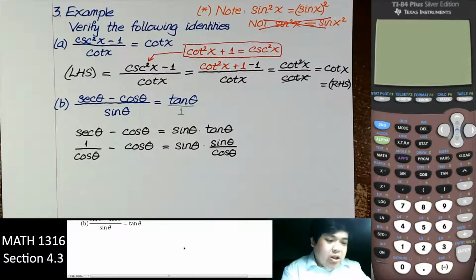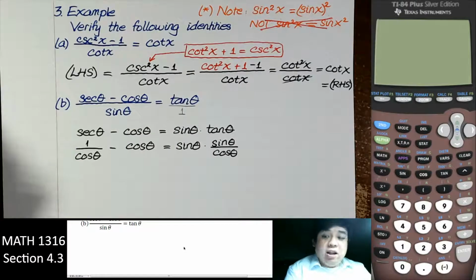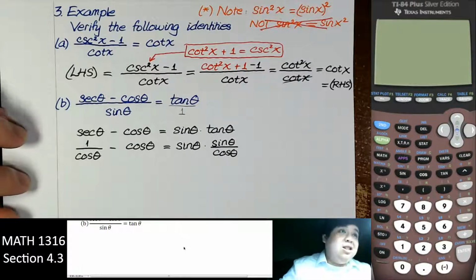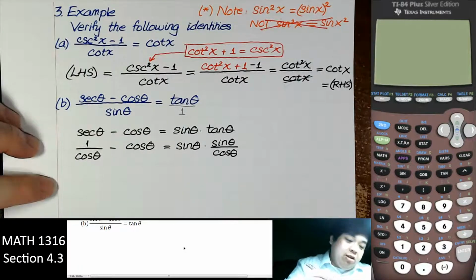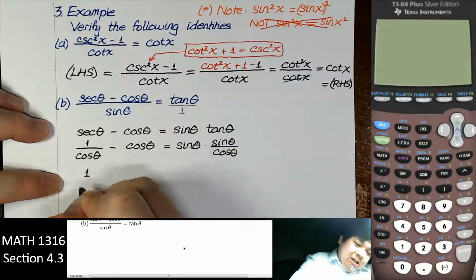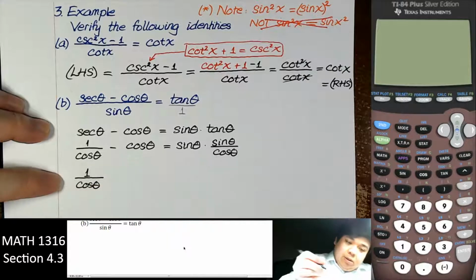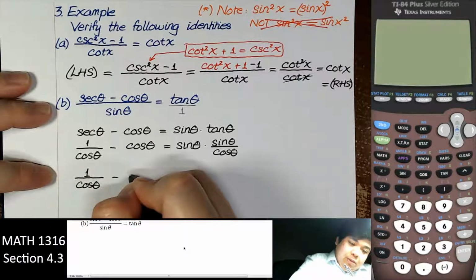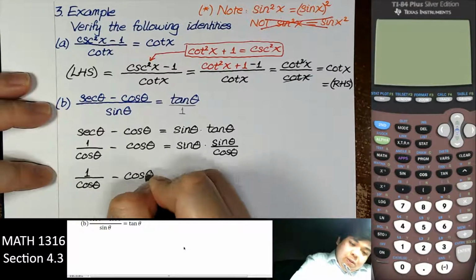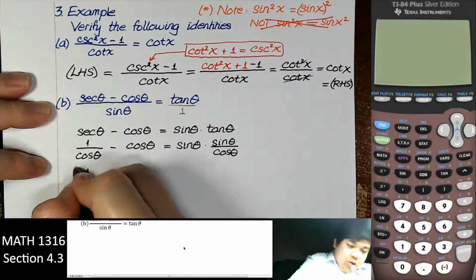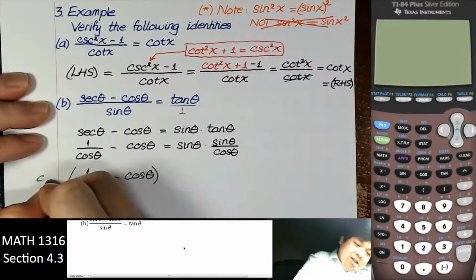Right. So we still have the denominator. I will multiply both sides by the common denominator of cosine of theta. Multiply both sides by cosine of theta.